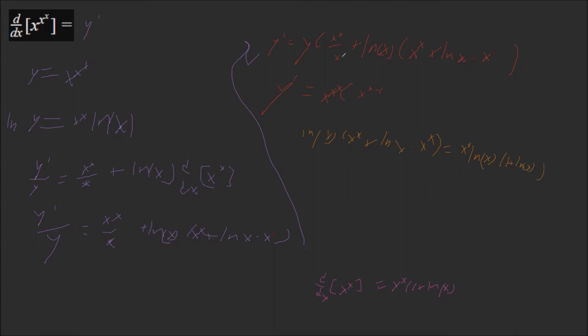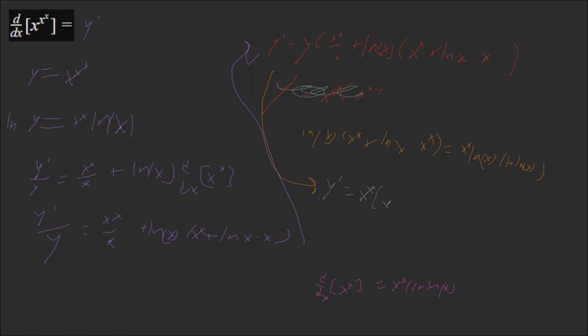So we can plug that into our final equation, and I'll write it down here. So we can say that y prime is equal to x to the power of x to the power of x. And let me cross this out because this is just an unfinished thought.